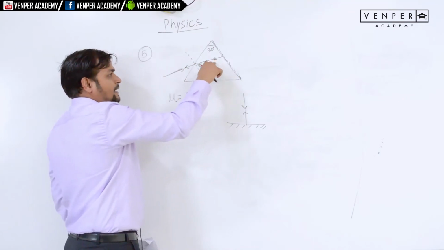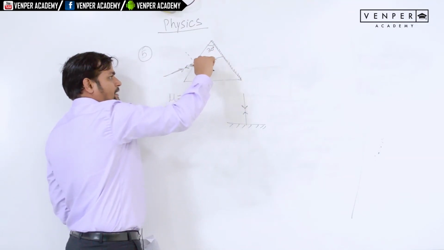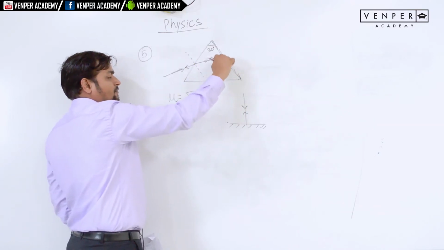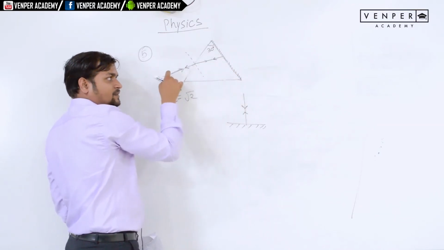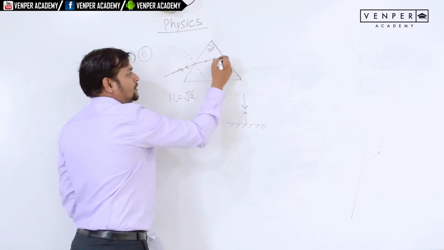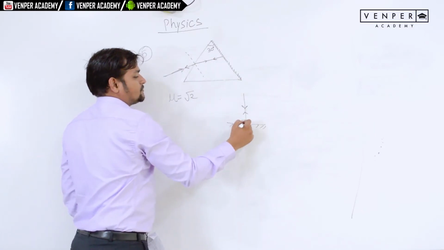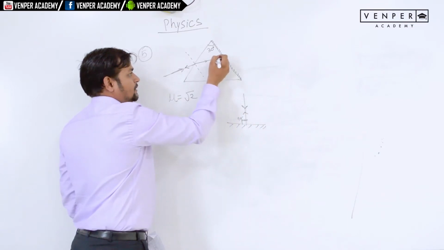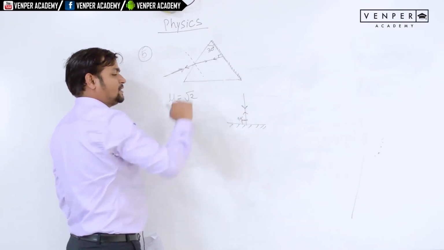So here also, if this ray is perpendicular to this mirror surface, it will simply retrace its path, clear. So this is 90 degree. If this ray is perpendicular, in that case it will retrace its path.